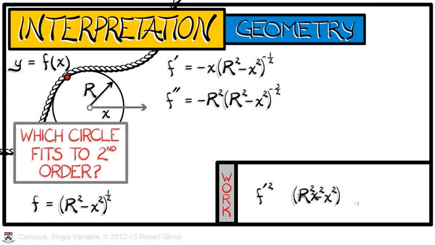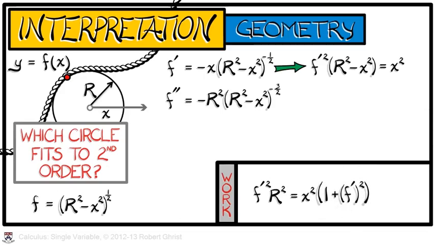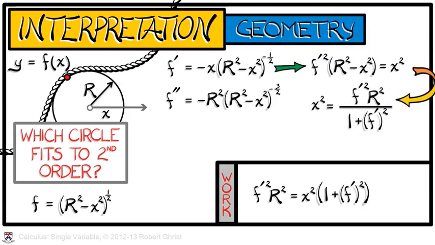Now, if we rearrange that a little bit and then multiply through the f prime squared by the quantities on the left, we get f prime squared times r squared minus f prime squared times x squared equals x squared. If we rearrange again, factor out the x squared term, then solving for x squared gives us x squared equals f prime squared times r squared all over 1 plus f prime squared.